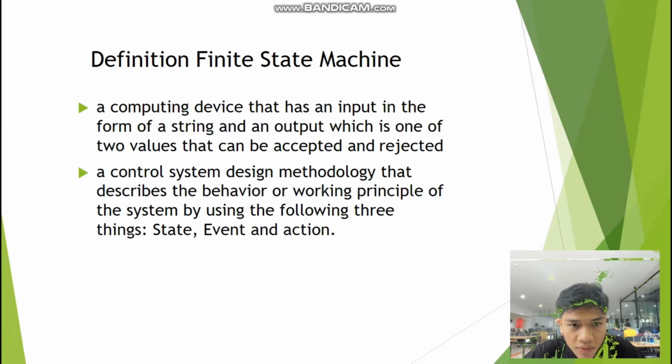Next is the definition. A finite state machine is a computation device that has an input in the form of a string and an output which is one of two values, accept and reject.